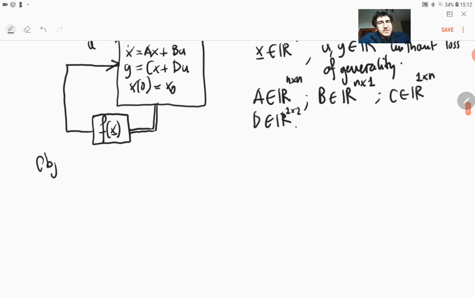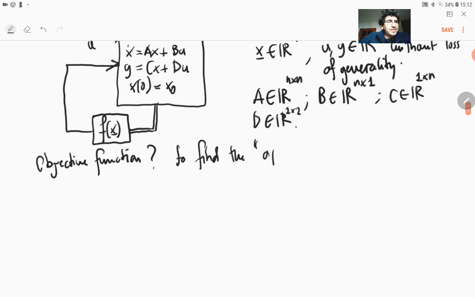Okay, so now let's come to our objective function. How do we define our objective function? The objective function is to find the optimal f of x equals u.